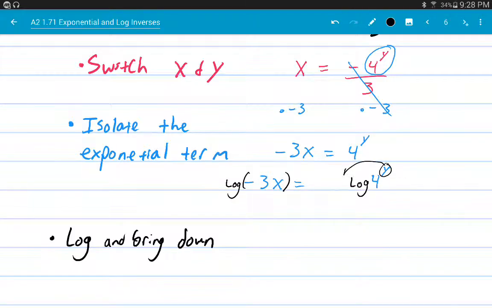And now I'm allowed to bring the y down, and it becomes a coefficient on the front. It's no longer in the exponent spot. So what I've gotten here is the log of, almost forgot my negative sign, of negative 3x is equal to y times log of 4.